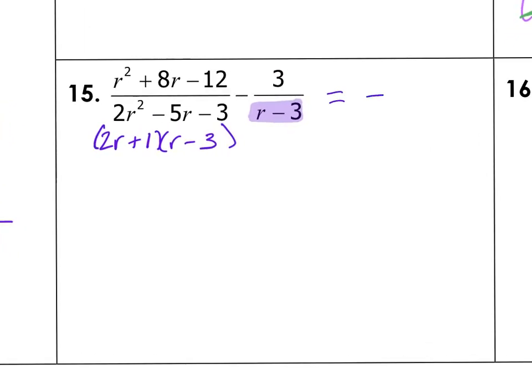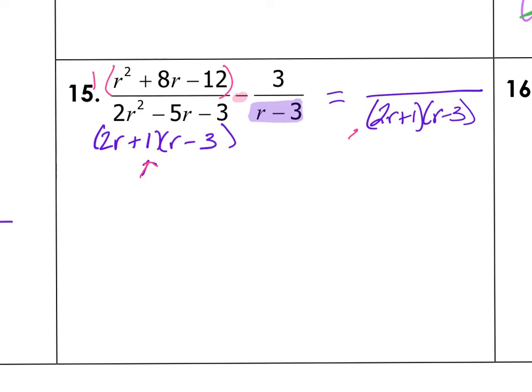So here we go. What is my common denominator going to be? Well, 2r plus 1 times r minus 3. What am I multiplying this one by to make it look like this? Nothing. So this is getting multiplied by 1. And this is a minus.